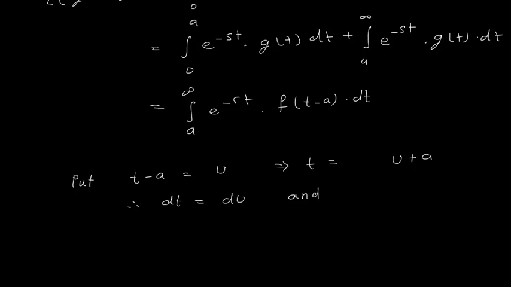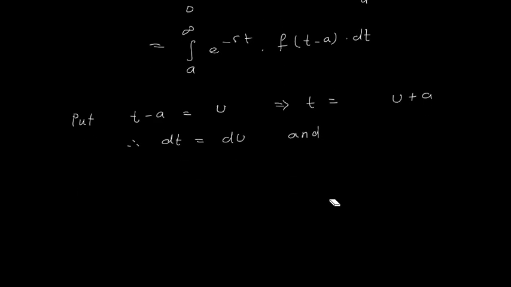Also, when we check the limit for t, as t tends to a, the value of u will be 0, and as t tends to infinity, u will also tend to infinity.